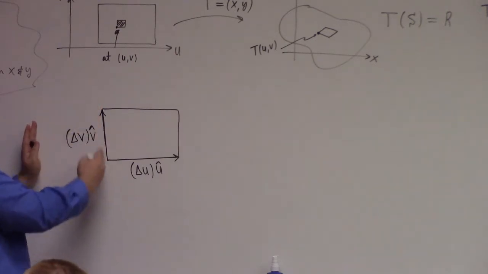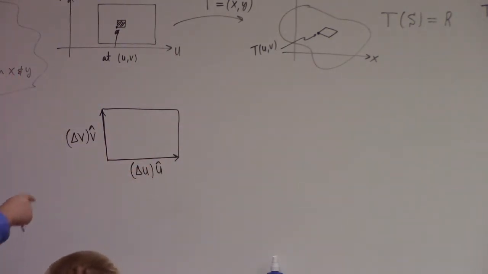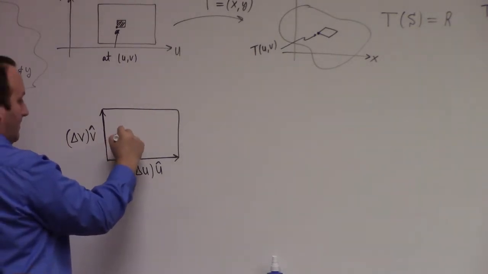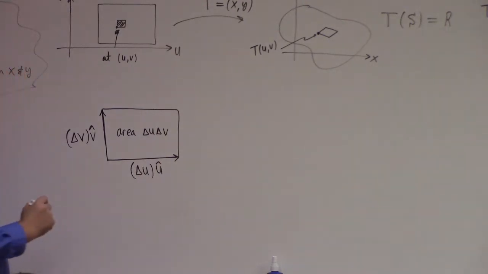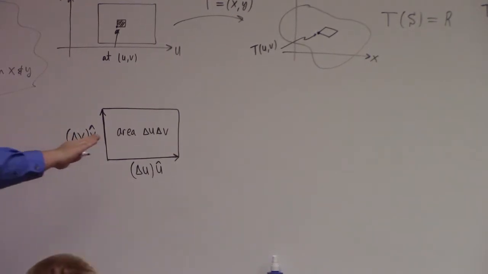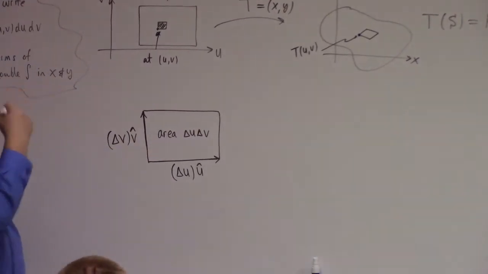So a little change in v, a little change in u, in the u hat and the v hat direction. What's the area here? Change in u, change in v, a little displacement in both. What does this rectangle map to if delta u and delta v are really small?